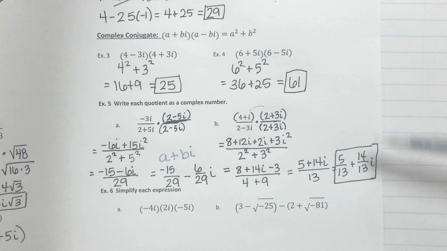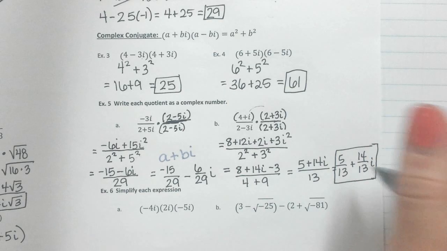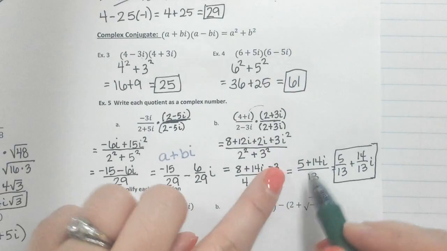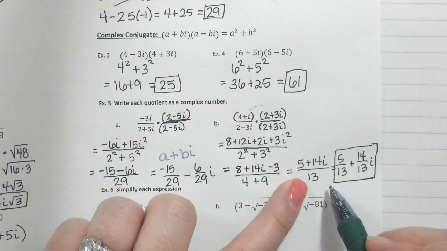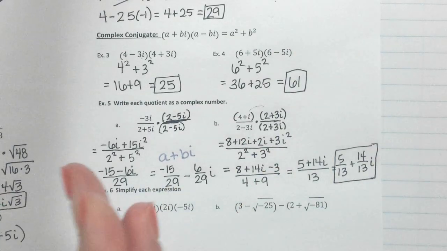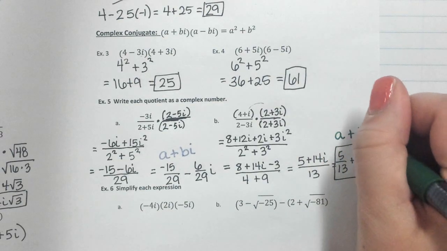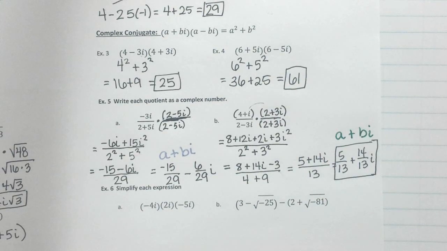You have to separate it because with complex numbers, I can't have this divided by 13. I have to have a real and an imaginary. This is the real and this is the imaginary. Okay, so they have to be separate.